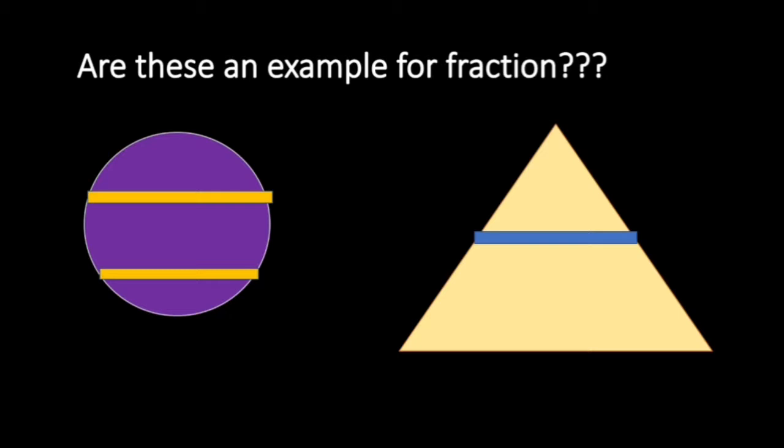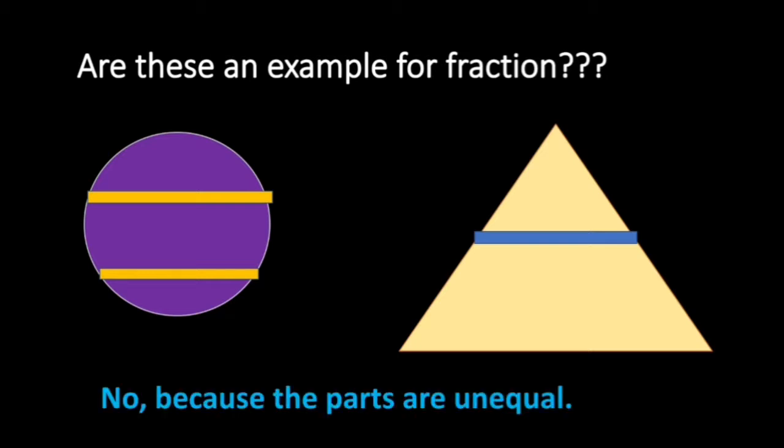Not equal. And here in the circle also all 3 parts are not equal. So we cannot represent these figures as fractions. Whenever we want to write a fraction for some figure, it should have equal parts.